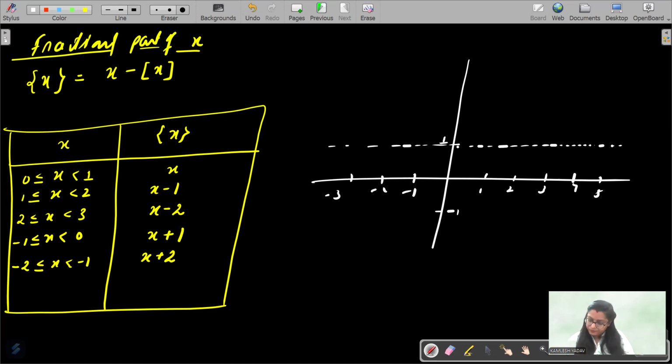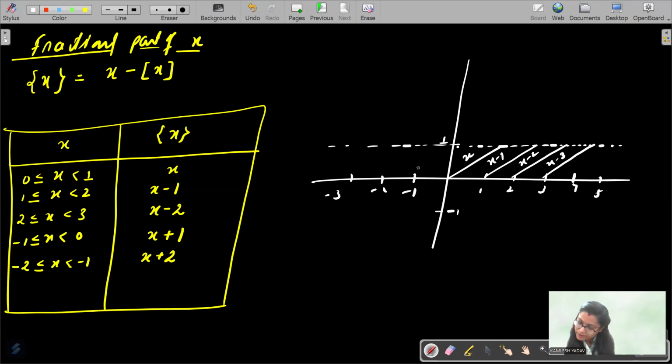So here, first is like this. Okay, this is x. Now next one is 1 less than equal to x less than 2. It means like this. This is the graph of x minus 1. Now next one is x minus 2 and next one is x minus 3 and so on.